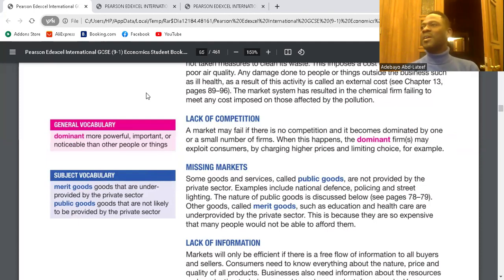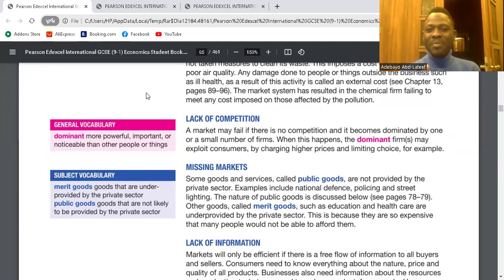It means businesses come together to charge the same price. Okay. So it's a market failure, just because that puts consumers into vulnerability. You don't get it? Let me read it and I'll come back to you.